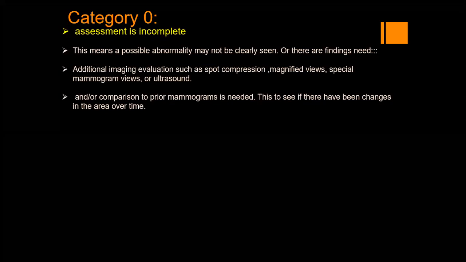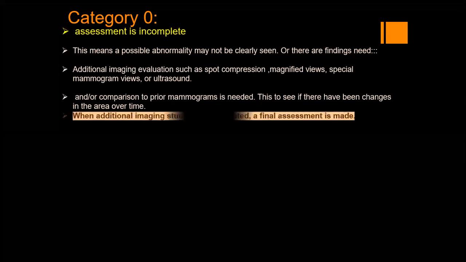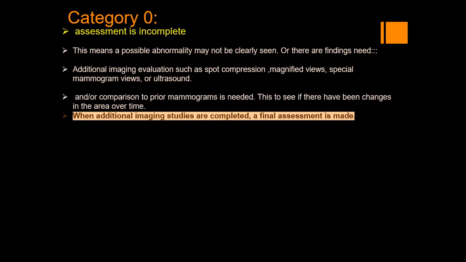This is to see if there have been changes in the area over time. When additional imaging studies are completed, we have to give a final assessment from 1 to 5.